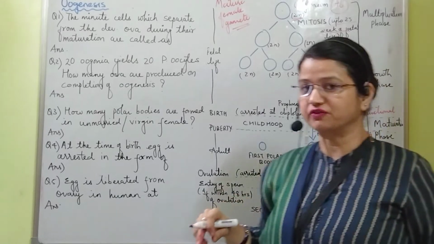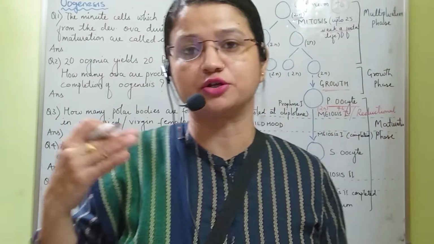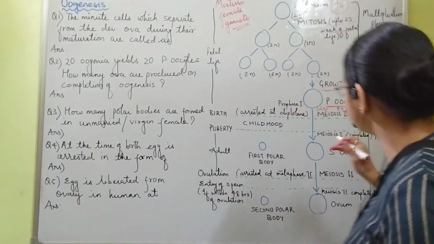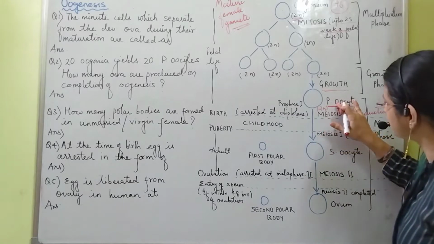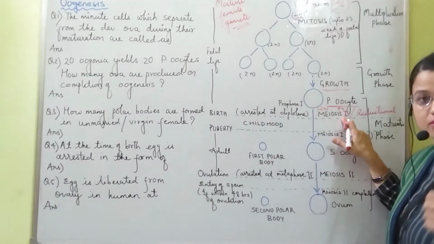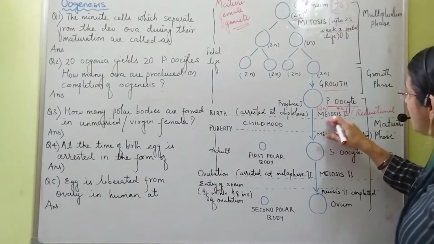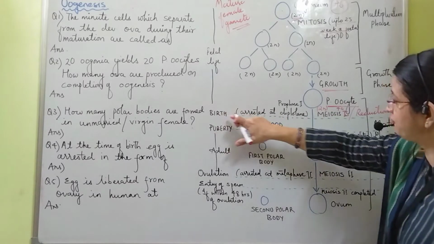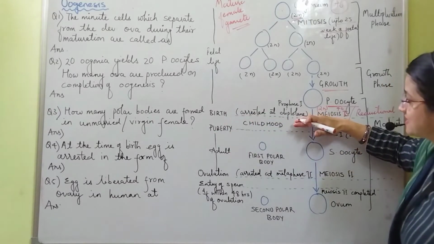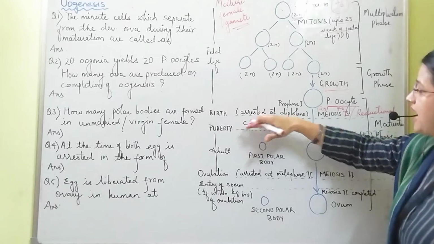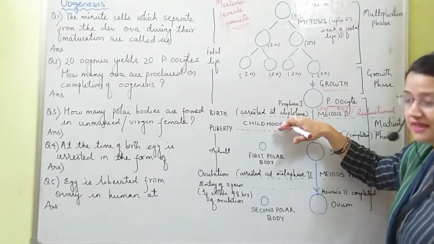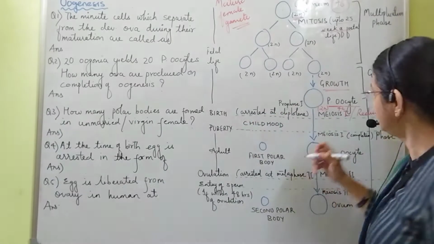So after that, the number of chromosomes will reduce to half. But just see what happens when this primary oocyte undergoes meiosis 1: at the time of birth, the process gets arrested. It gets arrested at the prophase 1 diplotene stage.